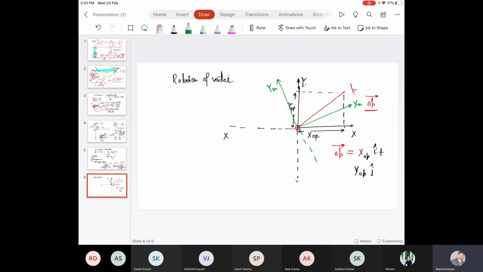So the coordinate system changes from the original one by rotating about the z-axis. And this rotation angle is theta, in the anti-clockwise direction.